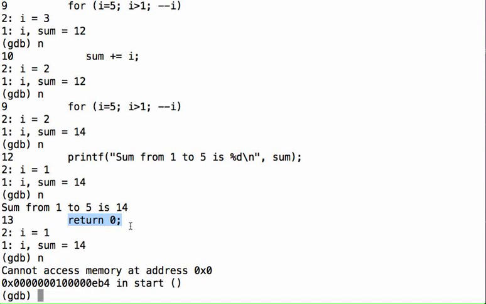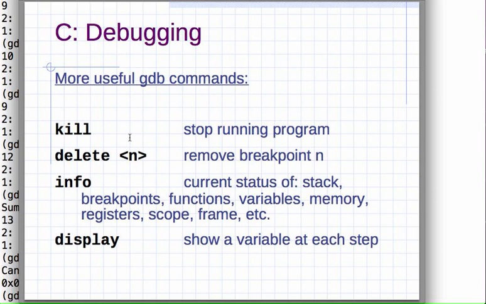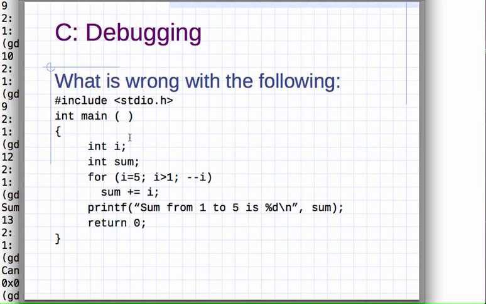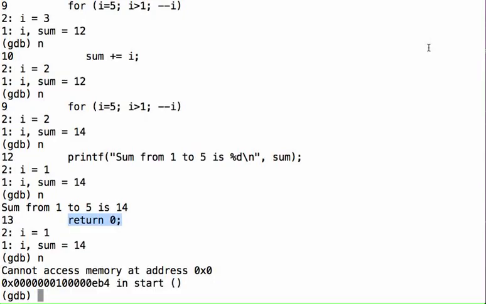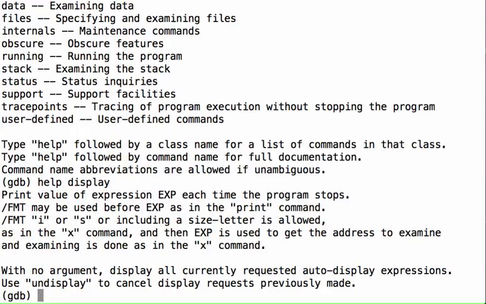So you want to see how you can fix that. Let me see if I can figure out how to, I can't figure out how to undisplay something. So, help display.